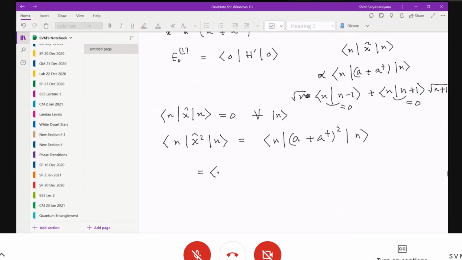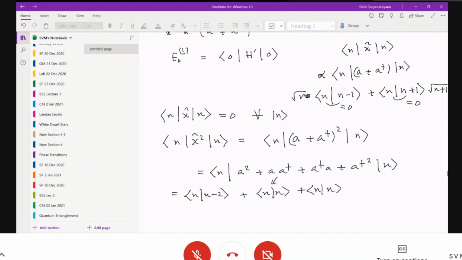This will be n (a square + a dagger a + a a dagger + a dagger square) n. That gives n with n minus 2, which is 0. Then a dagger a brings n plus 1 and back to n, so there will be one n term here, and similarly an n term from the other one.